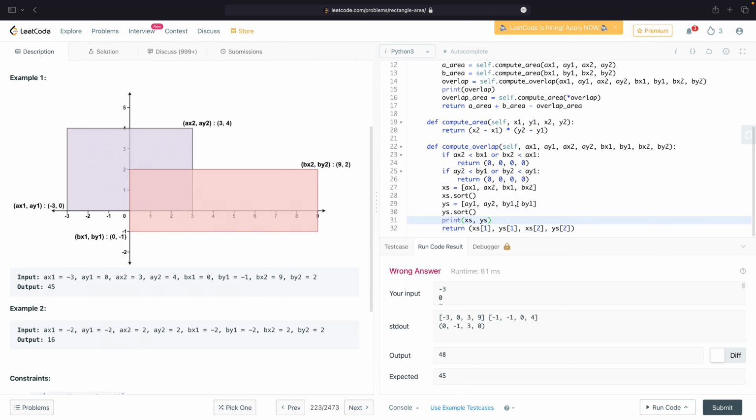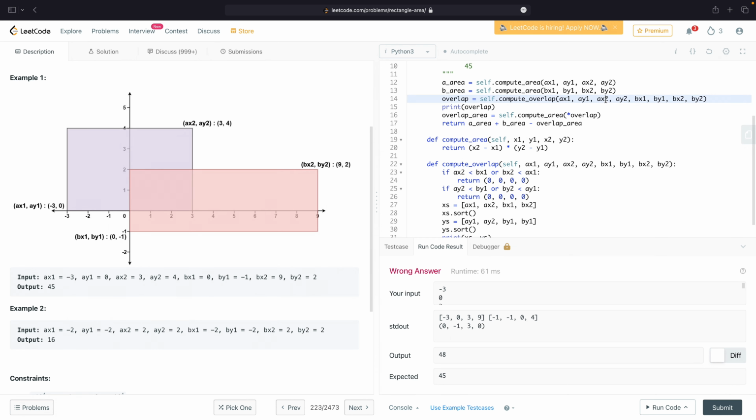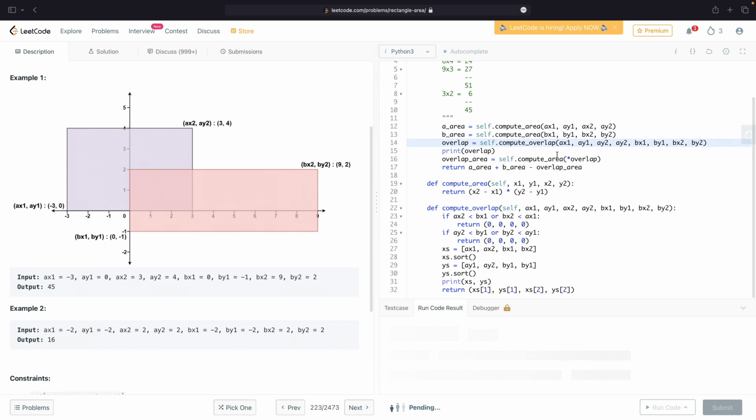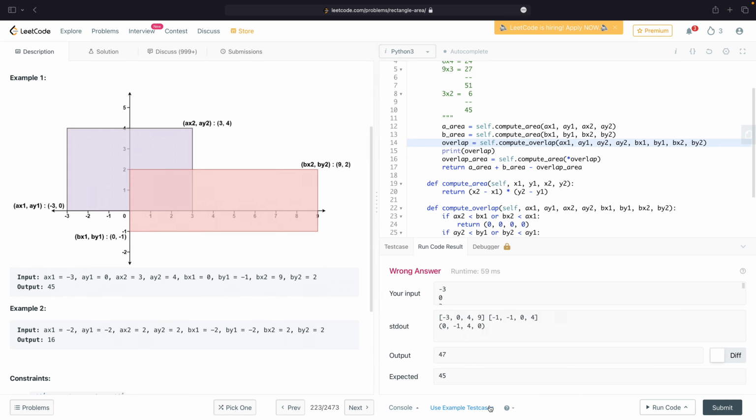Y1, y2, b1. I made a mistake up here. Yeah, I've made a mistake up there. This is why if you have so many parameters, it's easy to make a mistake, particularly when they're all labeled the same. So now I'm saying from 0, no, this is still wrong. No, that was correct.